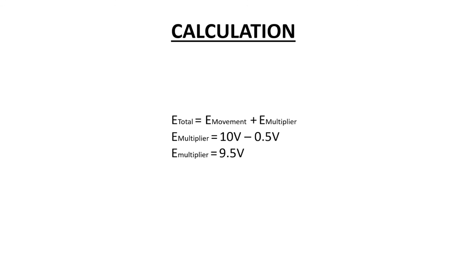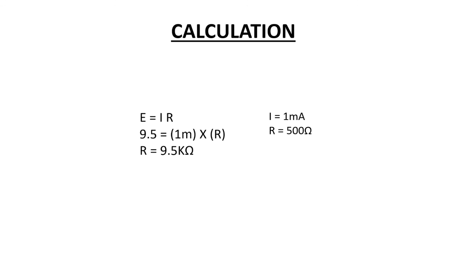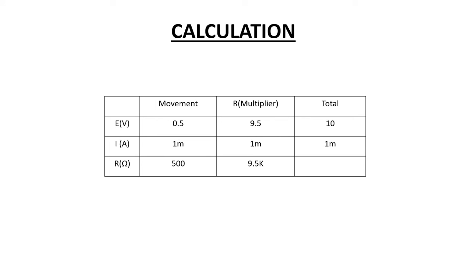So we get 9.5 volts. Now, since we have the voltage and the current for R multiplier, we can also find the resistance of R multiplier. Using the same equation, E equals IR, we get R equals 9.5k ohms. Since we already have the resistance for the movement and R multiplier, we just add them up to get the total resistance of the circuit, which will be 10k.